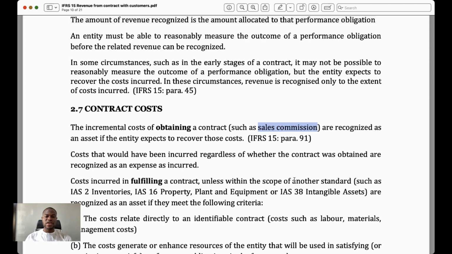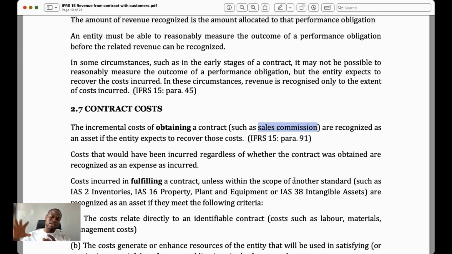However, if you are going to incur a cost and you are not sure that you would recover that cost, or you would incur the cost anyway, whether you would earn revenue or not, then that kind of cost should be expensed straight away.